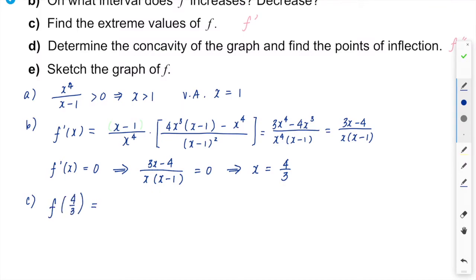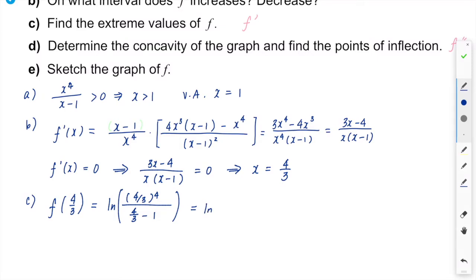Okay, what do we have here? We have ln of 4/3 to the power of 4 over 4/3 minus 1, this gigantic thing. The denominator is 1/3, so we're multiplying by 3.